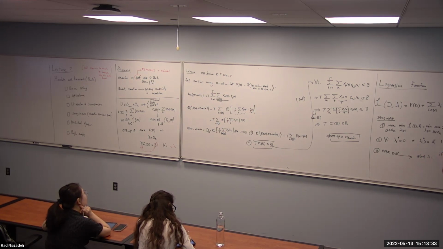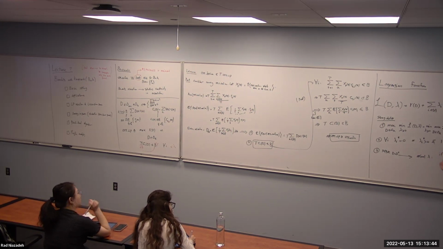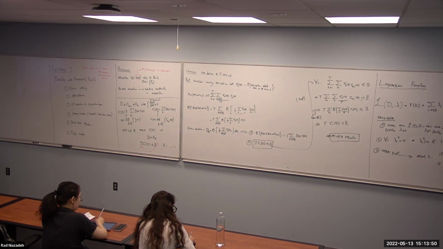If 1 minus t over b times c i d star is strictly greater than 0 for any reason, you want to set lambda i to 0, right? And if for any reason this is 0, then it doesn't matter, so you can pick any lambda star essentially. So let's say I just pick lambda star equal to 1.